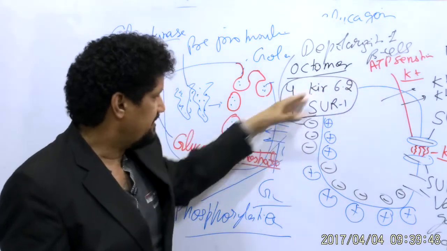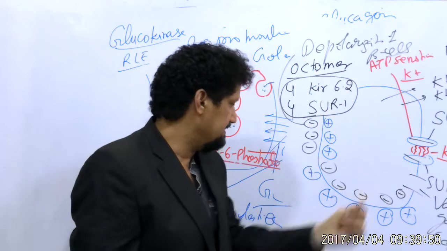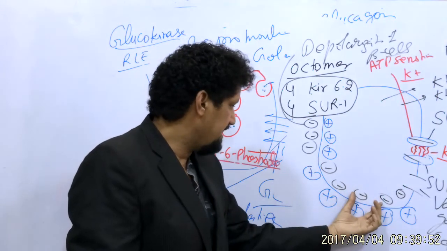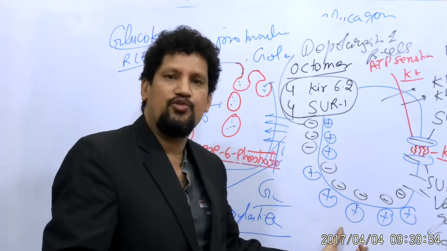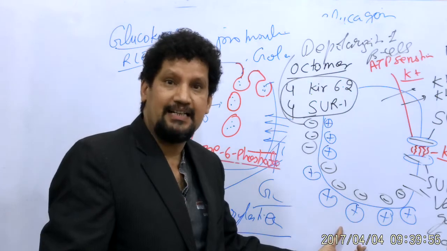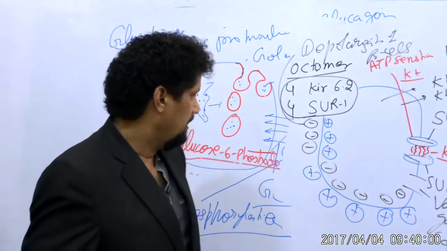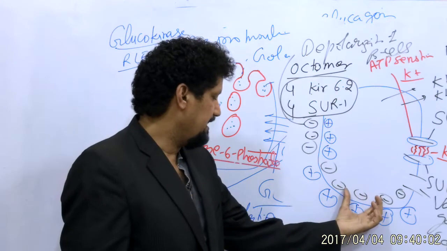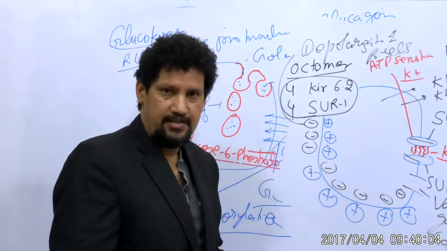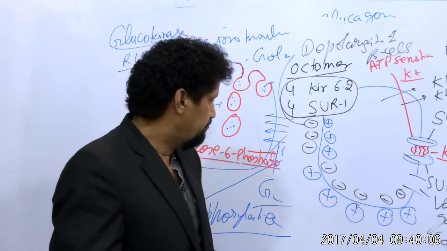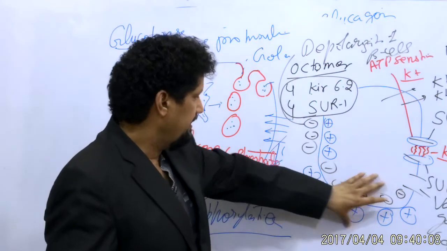At the resting condition, the beta cell is negatively charged inside and positive outside. It is due to continuous and persistent efflux of the potassium into the extracellular fluid. This condition, inner negative and outer positively charged, is known as polarization. This is the resting condition.